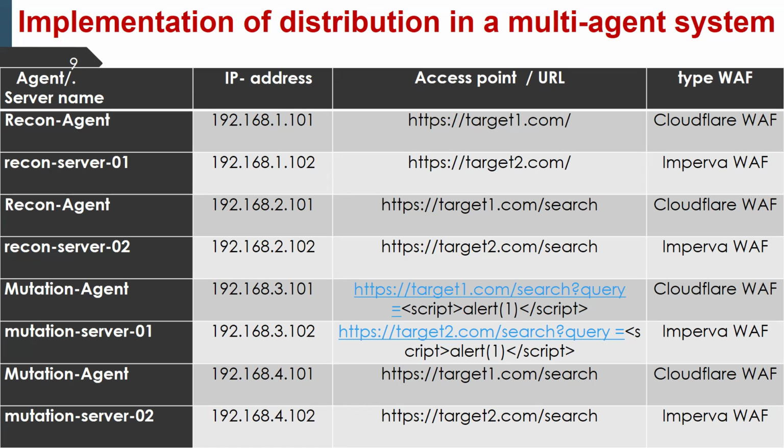For example, the recon agent can work from different IP addresses to prevent data collection from appearing as malicious requests from a single location.